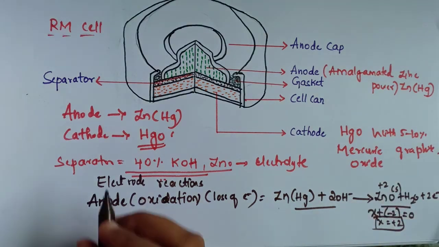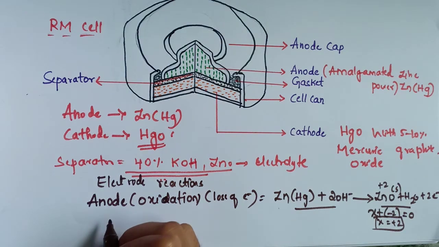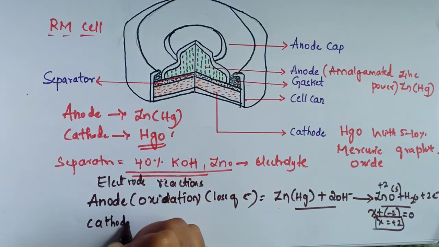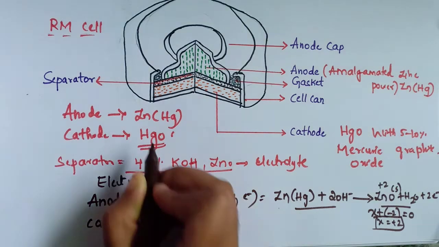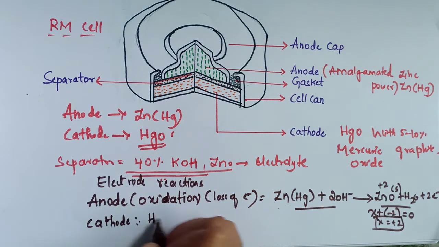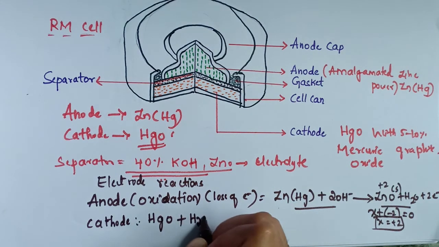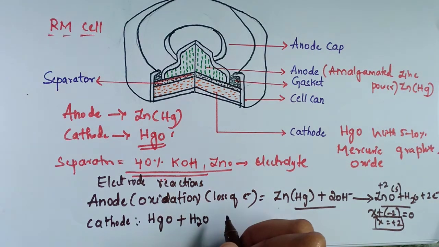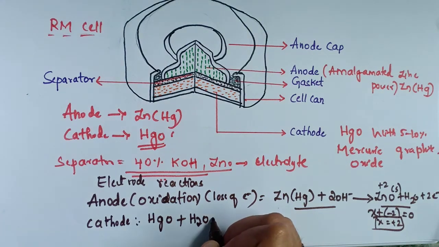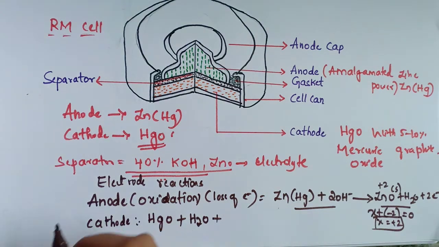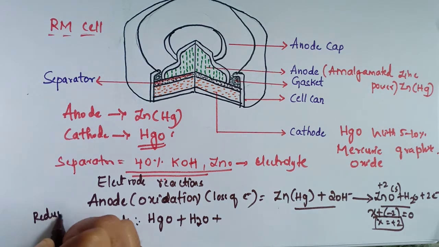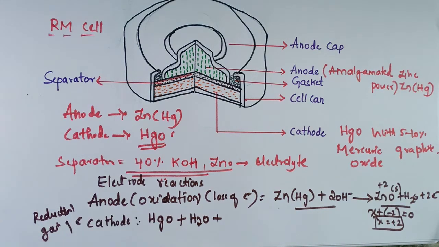Next, coming to the cathode. At the cathode, what is present is mercuric oxide plus H2O. That means a small amount of water is present. At the cathode, reduction happens, that means gain of electrons takes place.